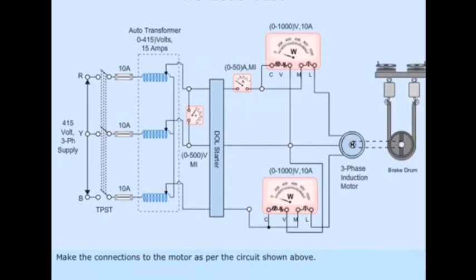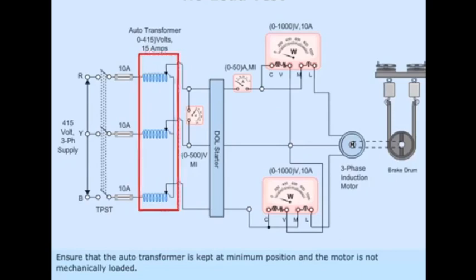Next we are starting our procedure. First we have to connect the circuit as shown in the diagram. Then we have an auto transformer, so keep the auto transformer at the 0 position, as mentioned there.